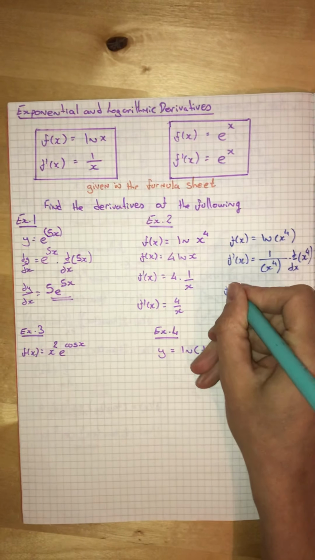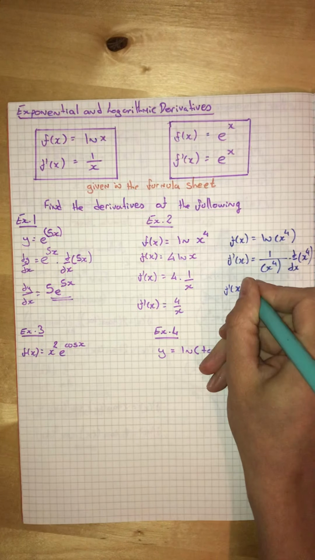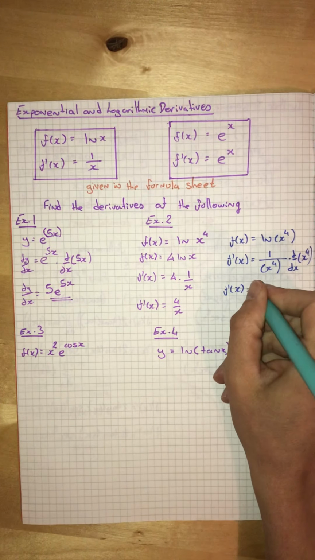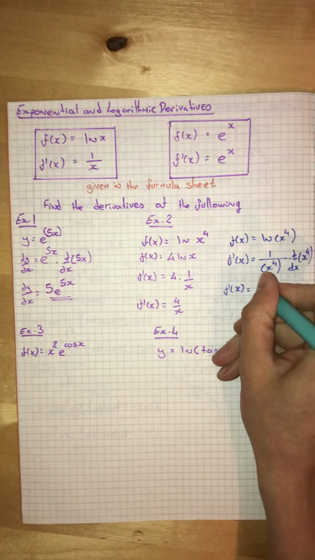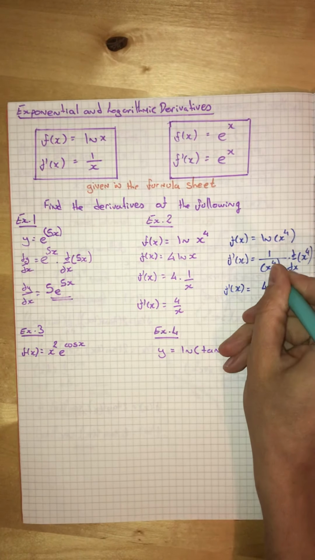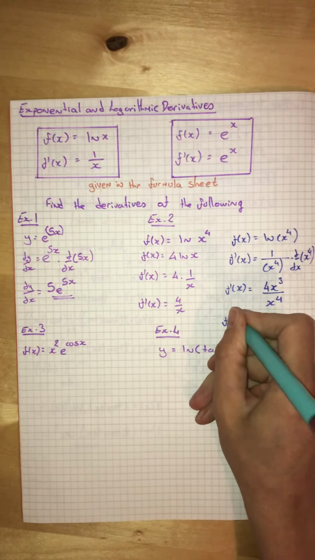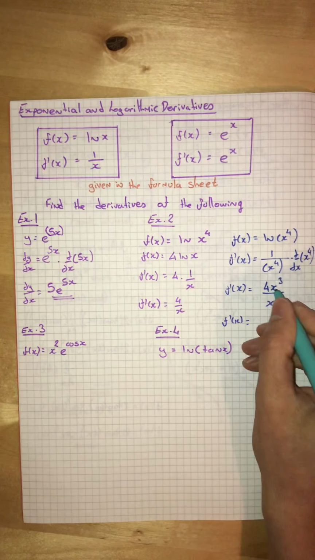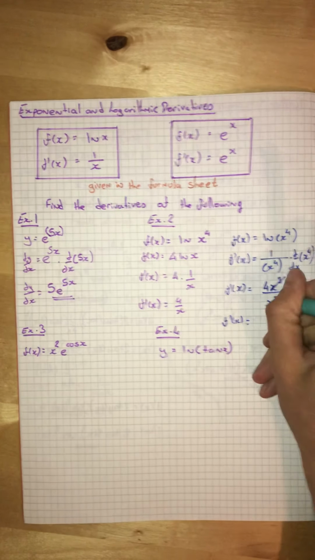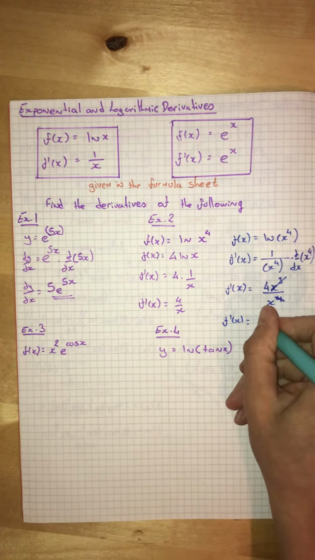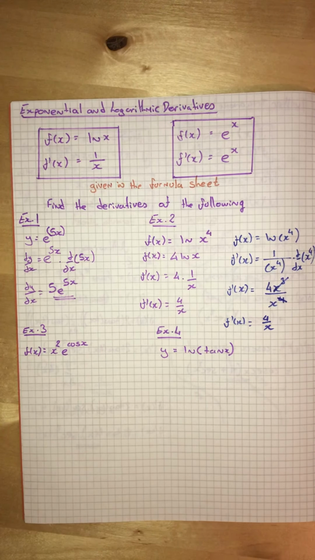Derivative of x to the power 4 is 4x cubed. And that's going to simplify because 3 of these cancel out, and we're left with 4 over x. Same answer, different method. Okay?